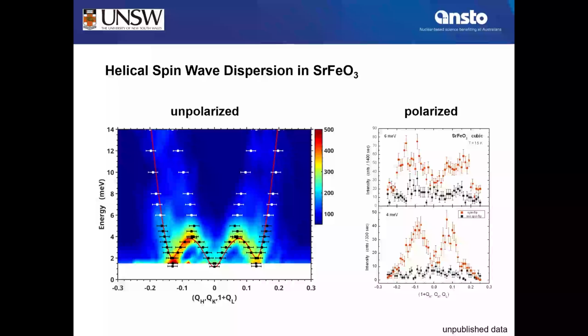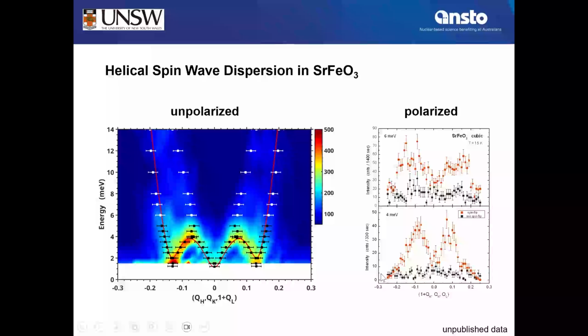We used polarized neutrons, and that's now shown here. Constant energy scans at two energies, 6 MeV, here right through that maximum, and 4 MeV through the maximum, 6 MeV through the continuum. Here at the maximum, we see one sharp peak. In red color, this is measured in the spin flip channel, and black color is measured in the non-spin flip channel.